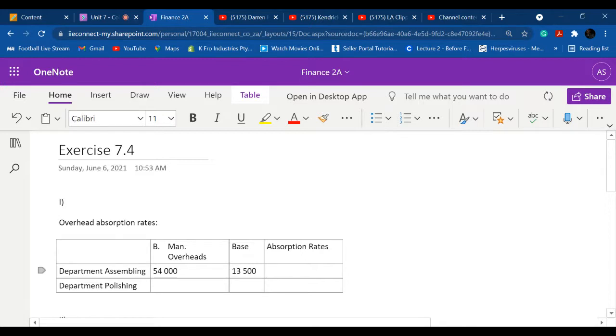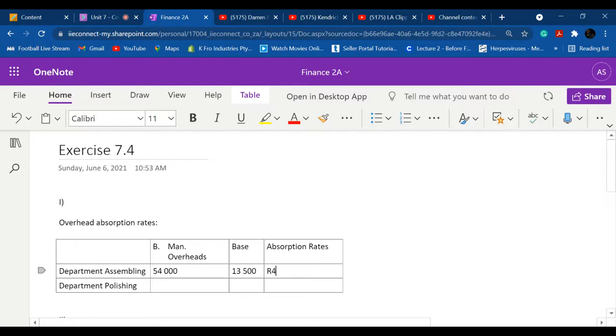Then we know that in order to get our absorption rate, we simply say budgeted manufacturing overheads divided by our base to get our rate. So let's quickly do that and see what we come up with. So 54,000 divided by 13,500.